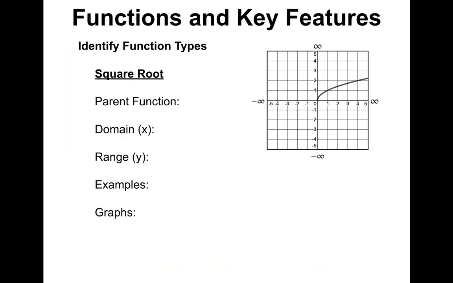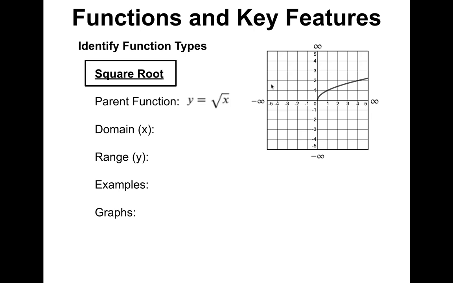Square root function. The parent function will have a square root symbol. So of course, for a square root function, it has the square root symbol. And notice that this is kind of just half of a U shape. So if you'll remember our parabolas, the U shape that we saw earlier, if you turn it sideways, we just have half of that here for the square root function.